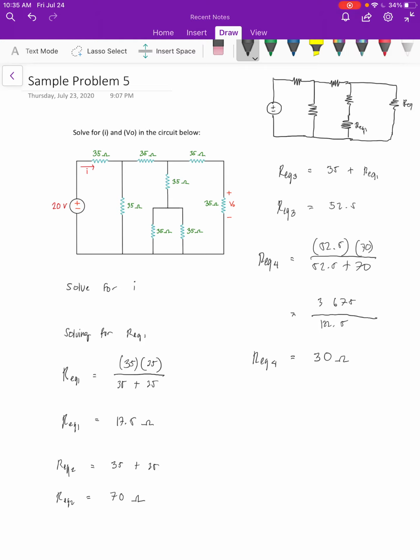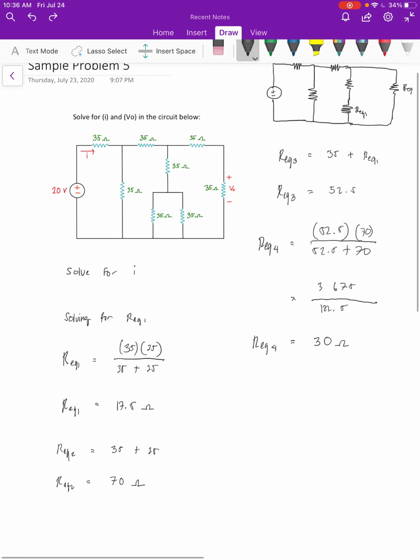So we now have a value for this resistor network right here. This resistor network right here is equal to REQ4, which is 30 ohms. Now, let us simplify the resistor network once again.